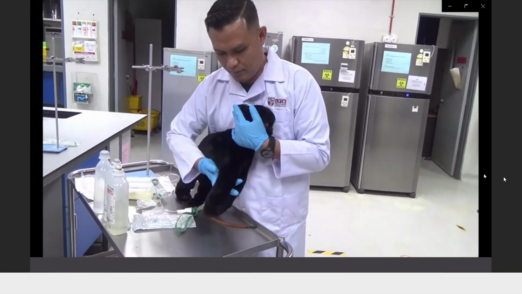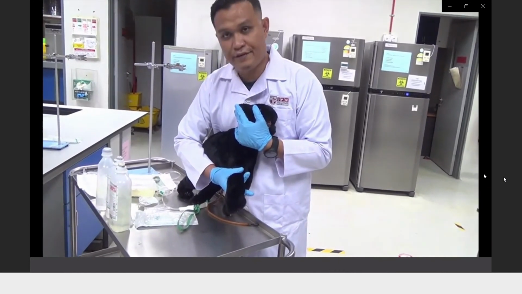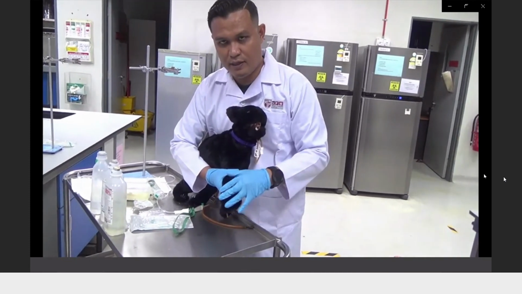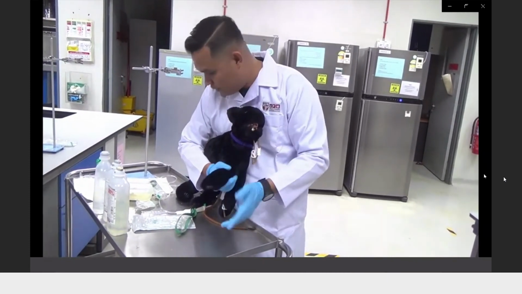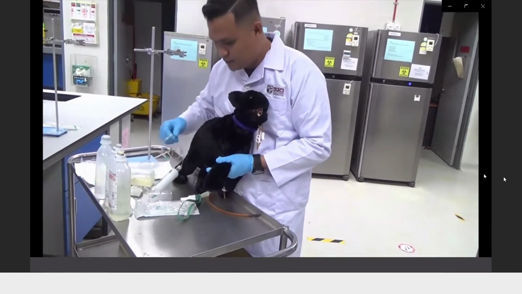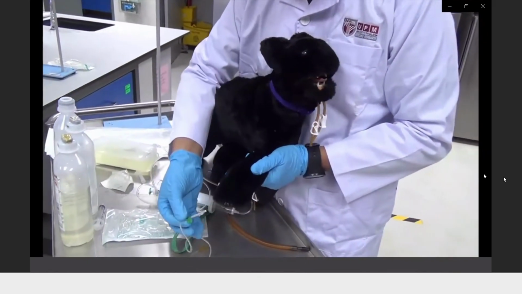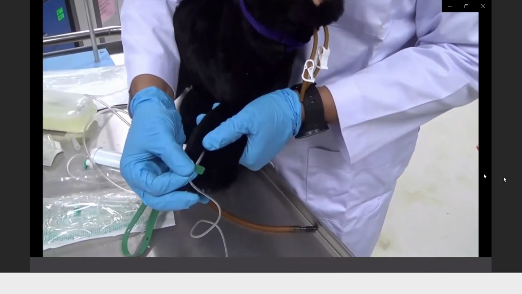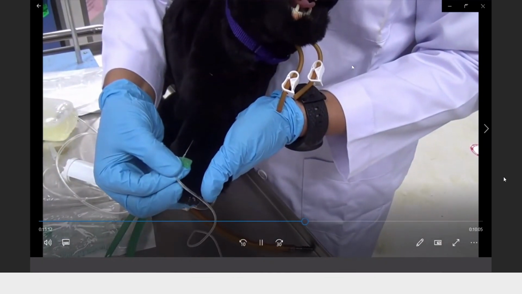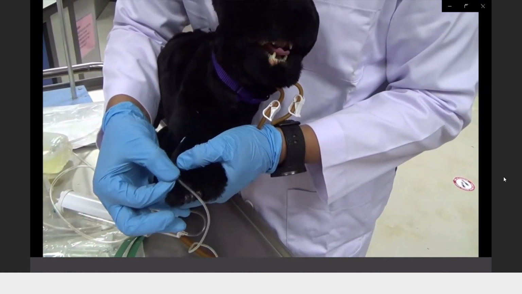So hold the hand like this and then push the area on top of the cephalic vein so that you can make the vein appear clearly. When you insert the butterfly catheter into the vein, you can then remove the needle.